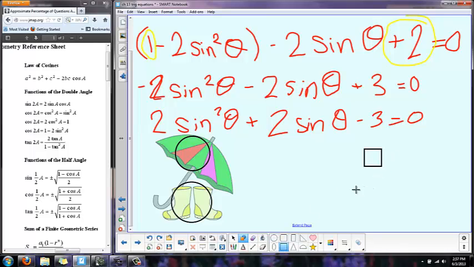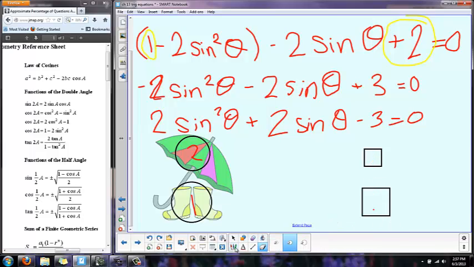I need 2 numbers that multiply to 2 and then 2 other numbers that multiply to negative 3. So I'm going to do 2 and 1, and then I'm going to do 3 and 1. And that's not going to work because 2 times 3 is going to give me a 6, and that's going to be a negative 1, so that's a 5. That doesn't work.